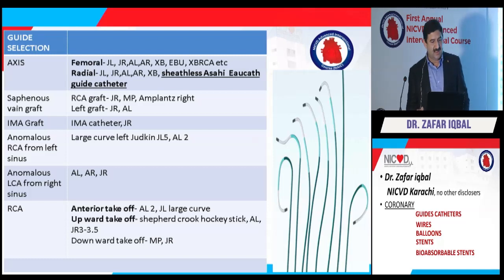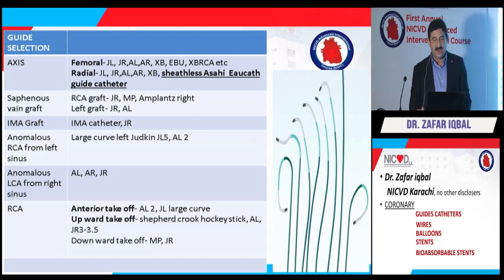Anomalous origins, like RCA from the left sinus, which we usually see quite frequently, can be dealt with the large curve of JL5 and AL2. And in the same way, for anomalous RCA from the right sinus, implant catheters, AR and GR can also be used.